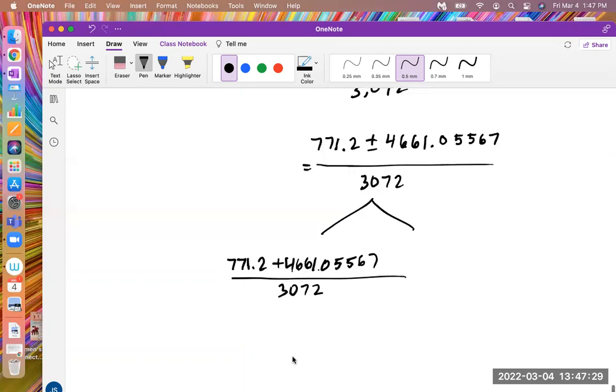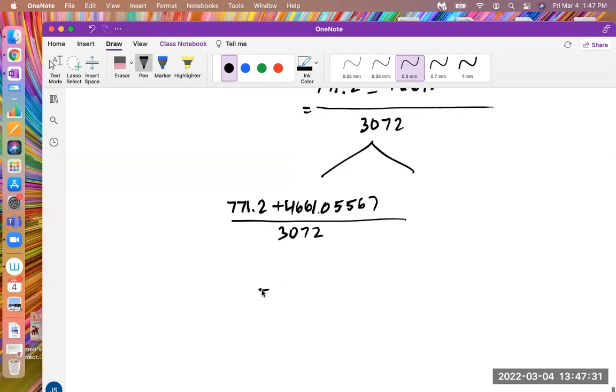Then I added the two numbers in the numerator and I got 5,432.25567 all over 3072. And now I'm going to divide the answer. And I get this 1.76.